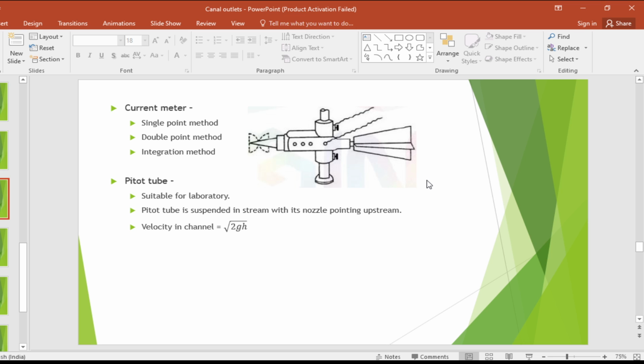Now velocity in the channel can be calculated by using root of 2gh. h is nothing but the rise of water surface of the channel.